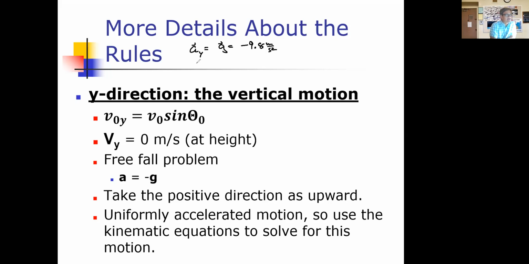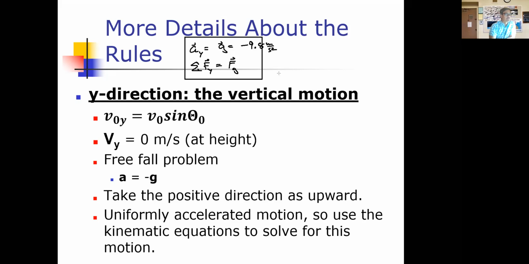The reason for this is that the force acting on the object in the y direction is simply the gravitational force, acting on the object as it moves up and down. So we're no longer focused on the horizontal; we're focused on the vertical motion along the y-axis.